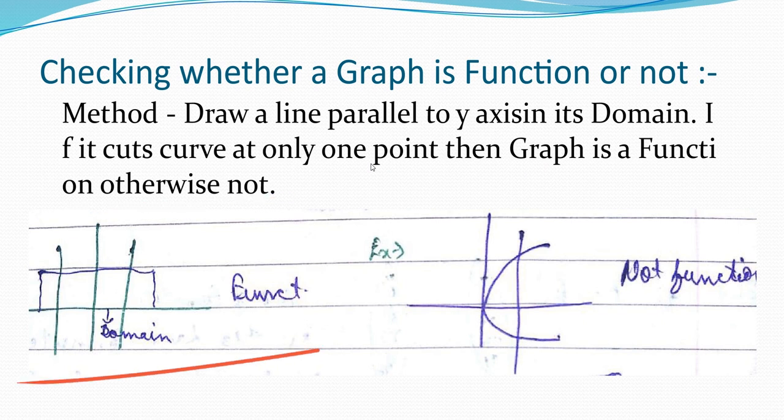In this example, this curve, when we draw a line parallel to the y-axis, it cuts the curve only at one point, so this will be a function. Taking this as an example, when we draw a line parallel to the y-axis, it cuts the curve at 2 points, so this will not be a function.